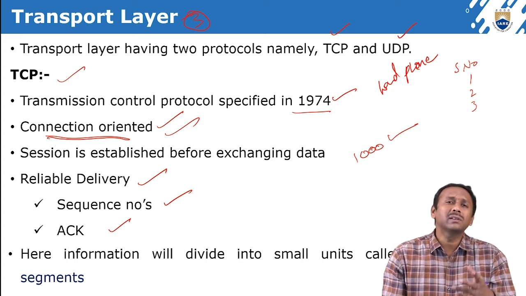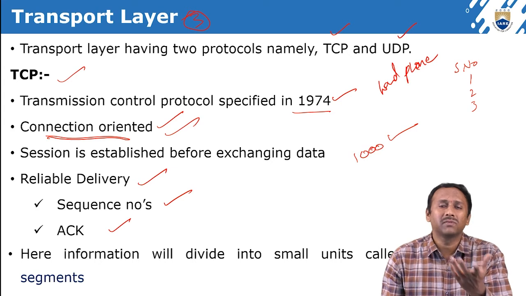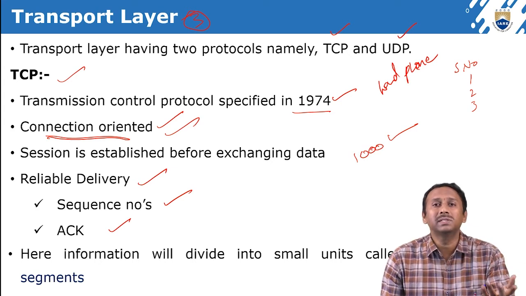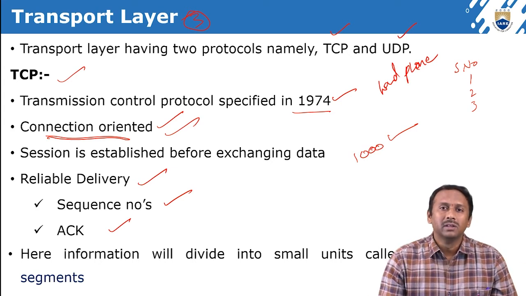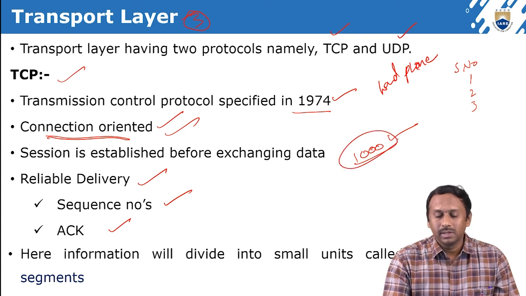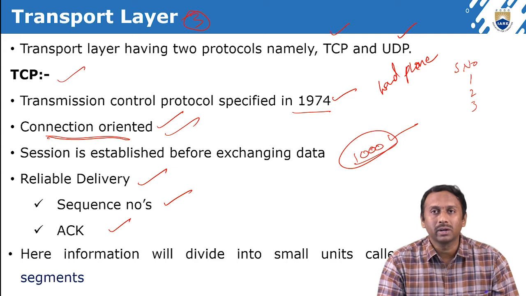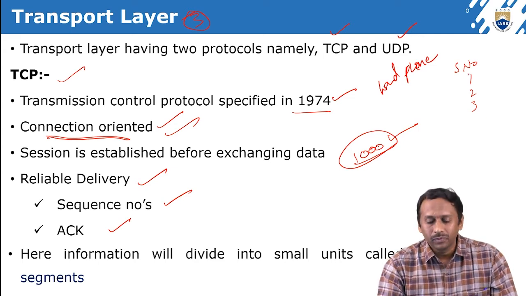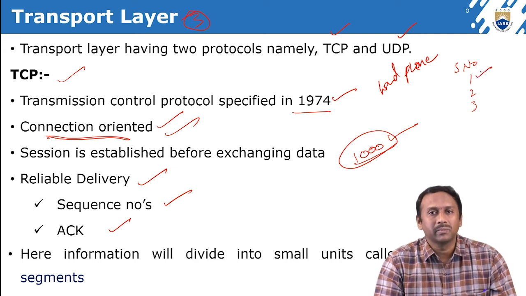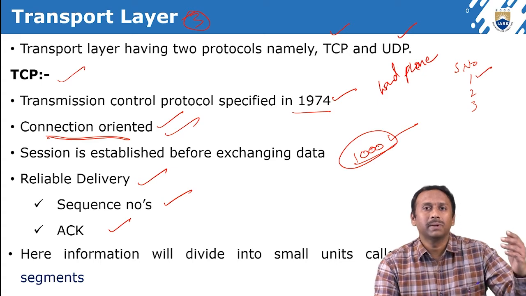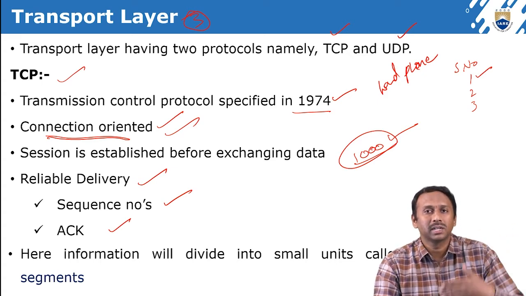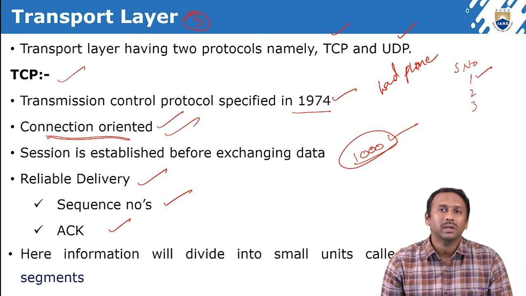A packet can only handle a small piece of data, a small number of bits. So when we send 1,000 pages of data, a huge number of packets are required, and each packet is assigned a sequence number. First packet gets the first sequence number, second packet the second, and so on.